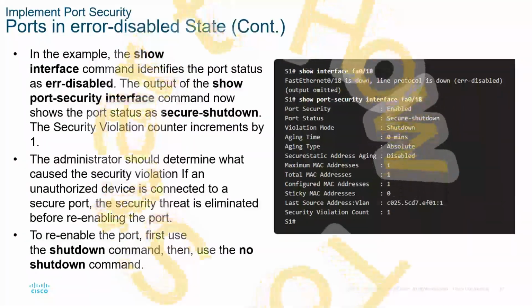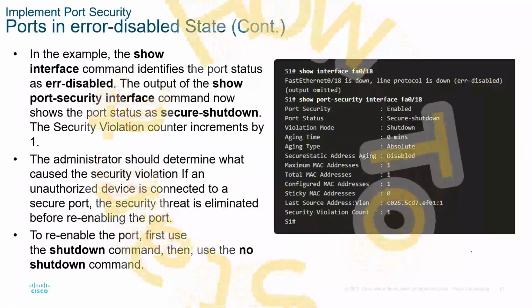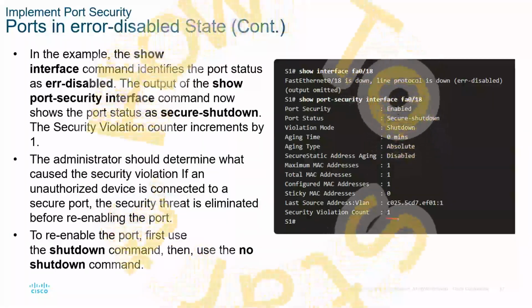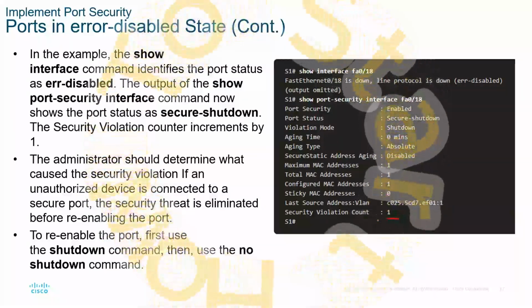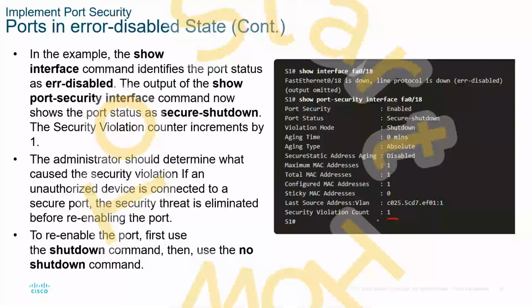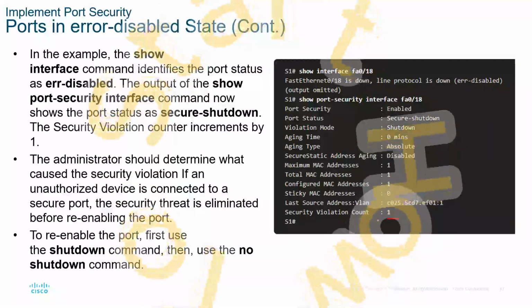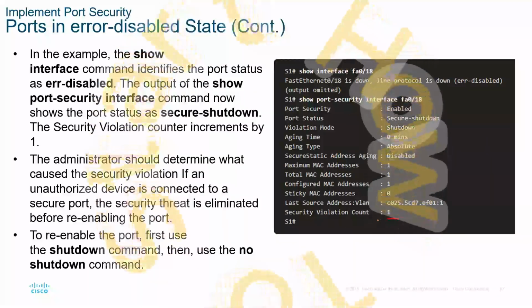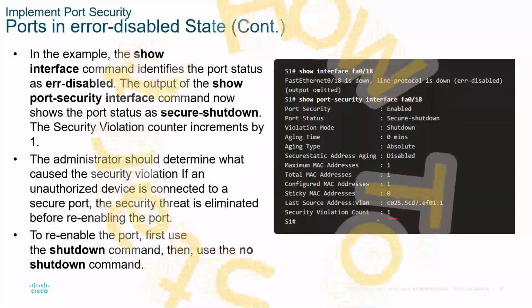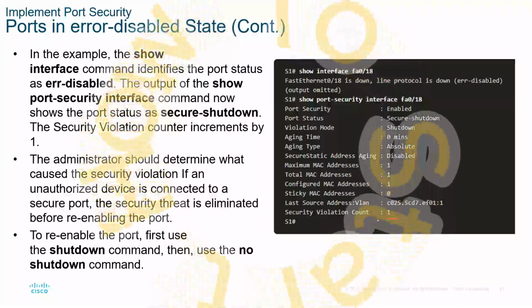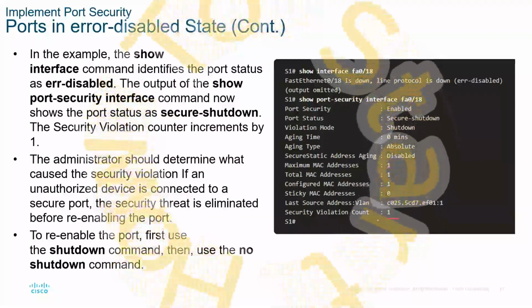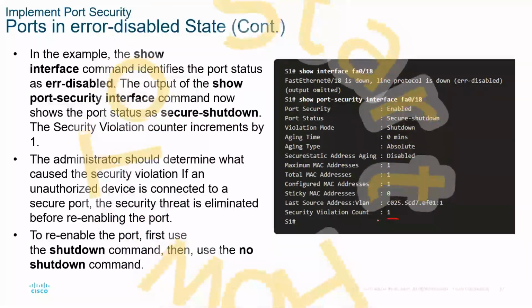We can also see that you can get a violation counter. If the port is in error disabled state, you can do show port-security, navigate to that interface, and you can see the counter. You should determine what caused the violation, and if it's a false positive, you can do a shutdown and no shutdown command on that interface to turn it back on.